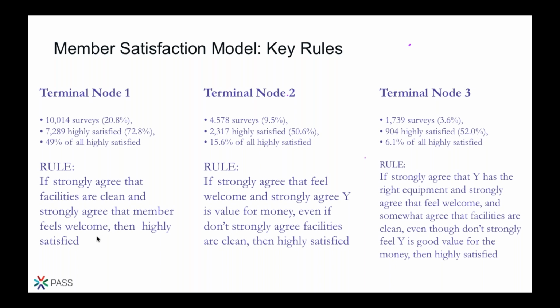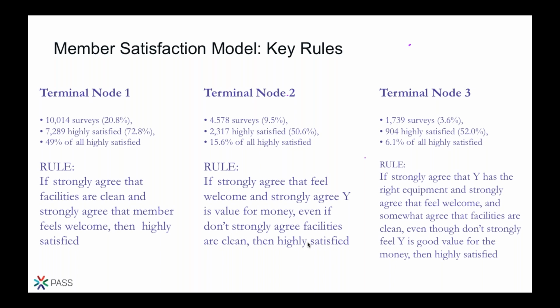The second best rule, in terminal node number 2: if you strongly agree that you feel welcome and strongly agree that it's good value for the money, even if you don't strongly agree that facilities are clean, then you're highly satisfied. So there's a subpopulation of those who feel welcome, but they don't think the facility is necessarily really clean.